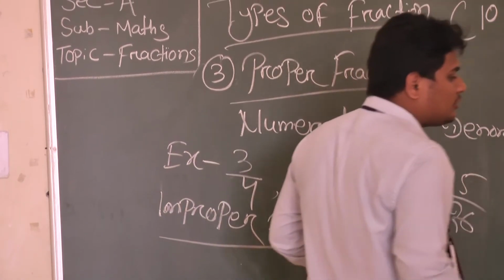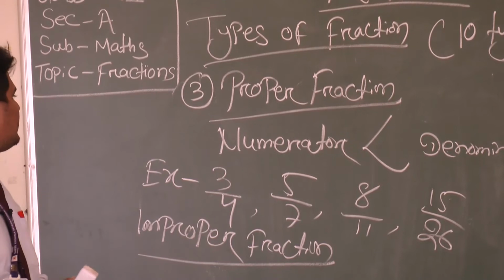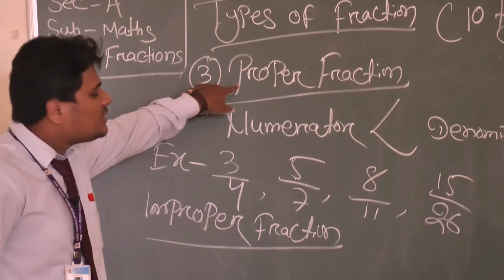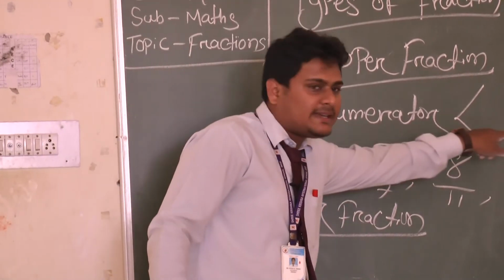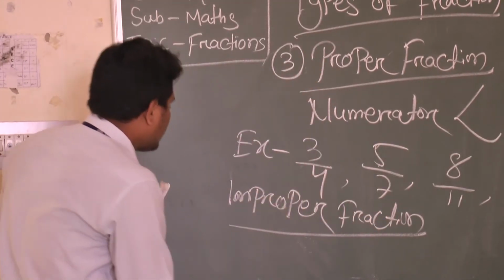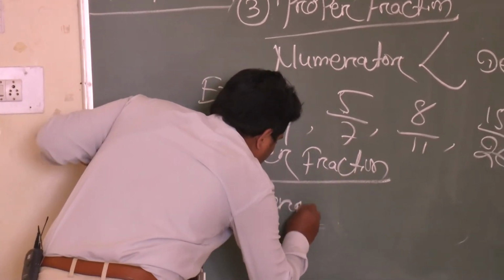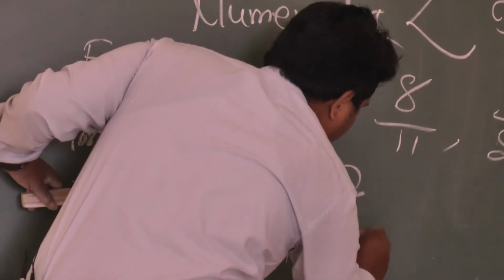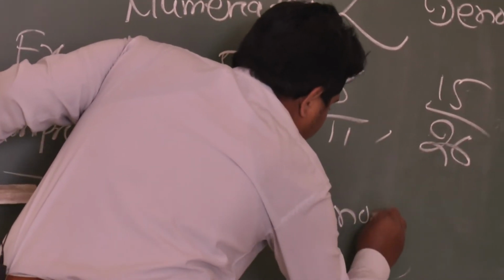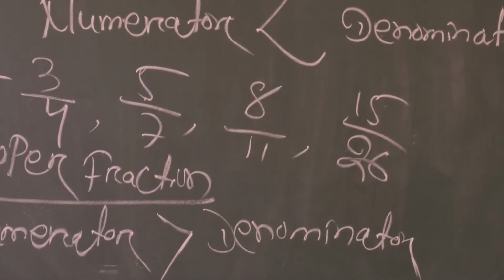What do you mean by improper fraction? Improper fraction means the opposite of proper fraction. In a proper fraction the numerator is less than the denominator, but in an improper fraction the numerator is greater than the denominator.